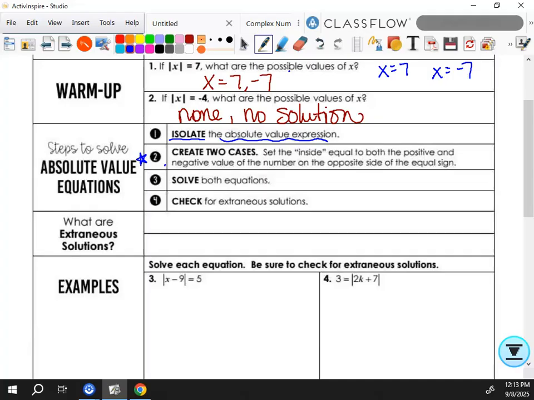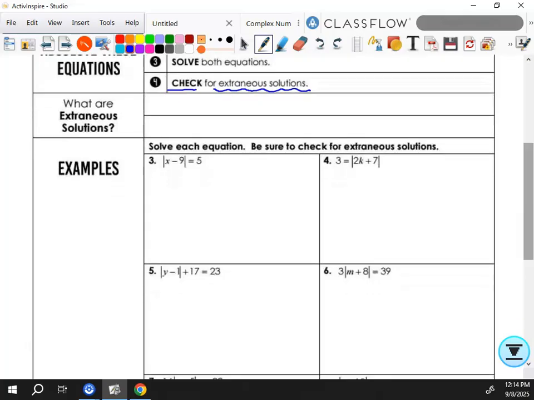But then you solve them, and then you have to check for extraneous solutions. What is an extraneous solution? Anybody know? You had to check for extraneous solutions with things like logs. And what would happen? Sometimes you plug it back in and what? It wouldn't work, right? That'd be your extraneous solution. So what are extraneous solutions?